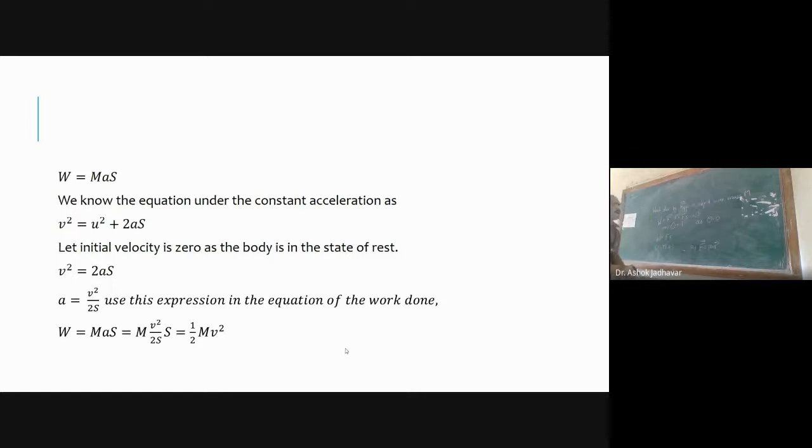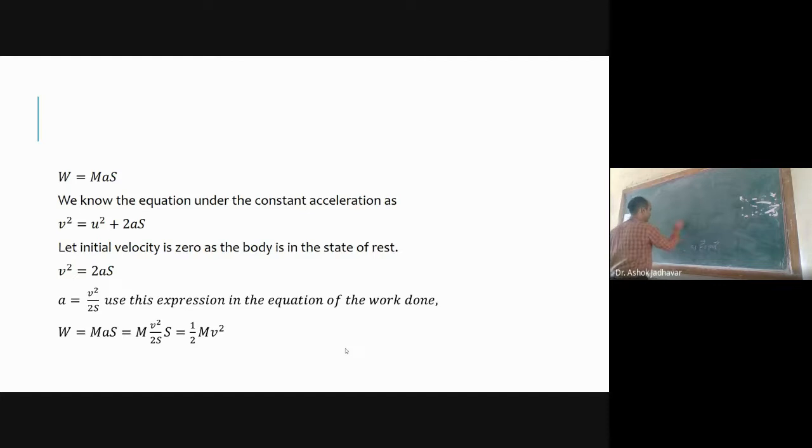In the last lecture, I gave you an assignment to write down the equation under constant acceleration. And we know one of the equations as V square is equal to U square plus 2 times AS.